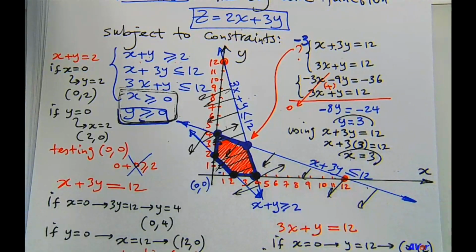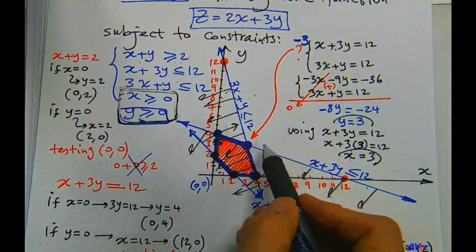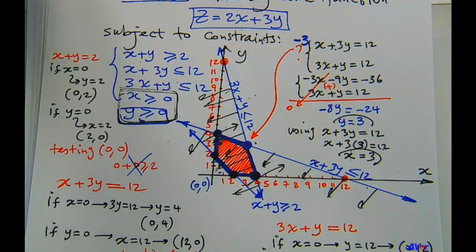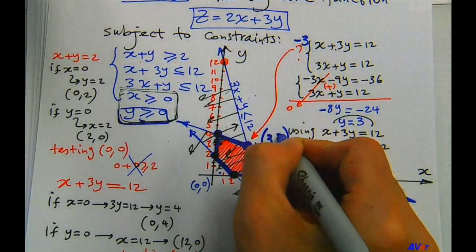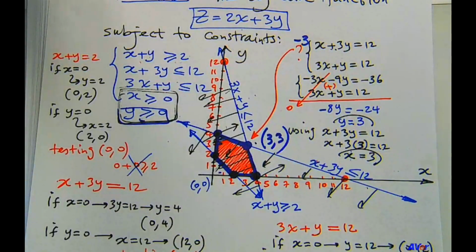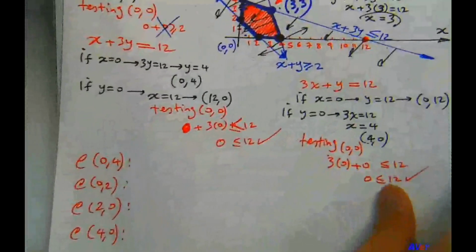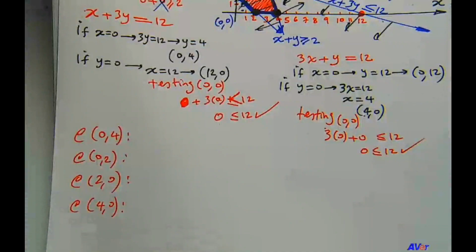So lo and behold, the coordinates of that corner point are (3, 3). That's the last corner point we wanted to know about. Let me write it here.